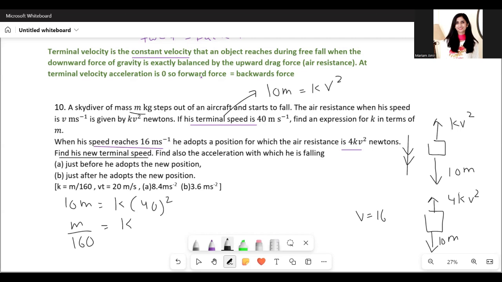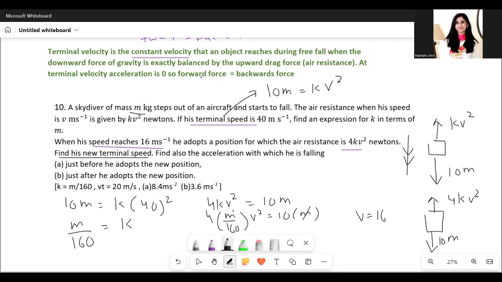Now, the terminal speed is when the forward force is equal to the backward force because the acceleration is 0. So 4kv squared is equal to 10m. This will get us the terminal speed. So 4 times, we already know k is m upon 160, v squared equals 10 times m.